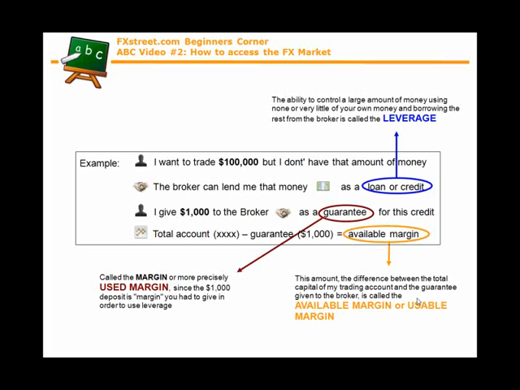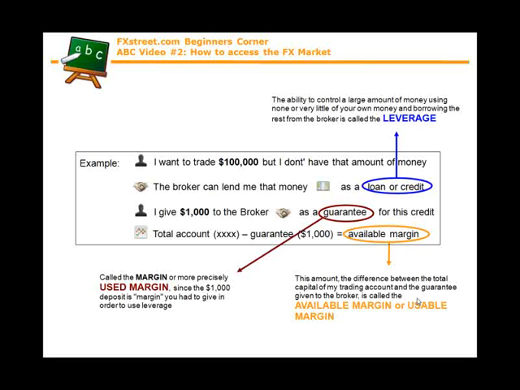As an example, to trade, meaning buy or sell, 100,000 of any currency, an investor needs to give $1,000 to the broker. This amount of money is considered a guarantee of the total amount of money that investors will trade. This guarantee is called margin, or more precisely used margin, since the $1,000 deposit is the margin you have to give in order to use leverage.